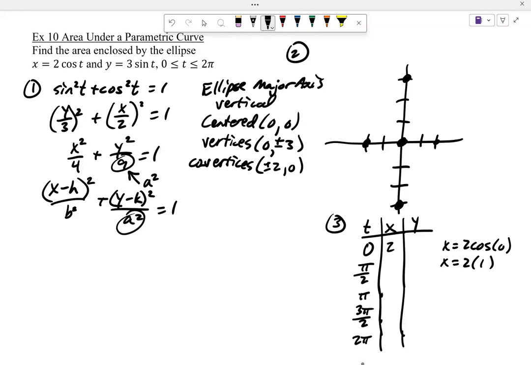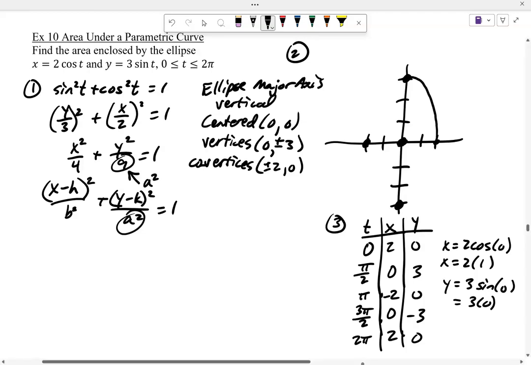So my x value is 2. My y is 3 sine, plugging in 0 for t. I know the sine of 0 is 0. I get 0. And I do that for pi halves. I'd get 0, 3. And I'd get the rest of these points here, which happen to be right at my vertices and co-vertices. So it's going from 2, 0 up to 0, 3. And then to negative 2, 0.